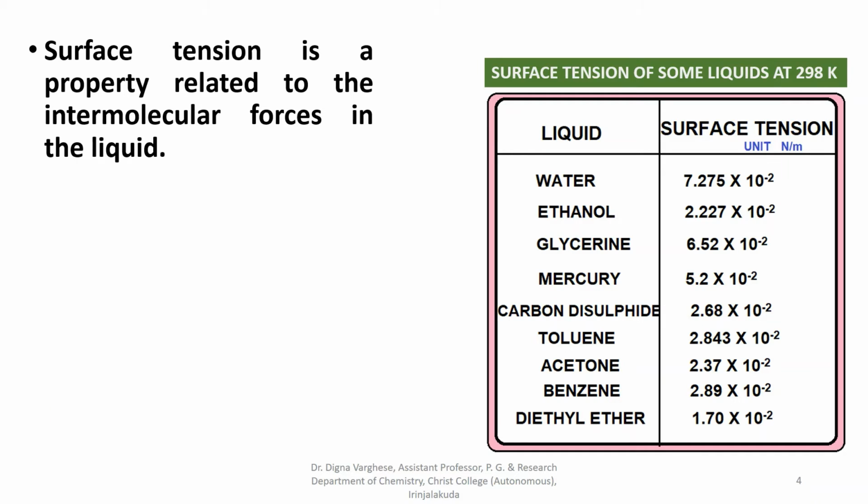In the case of water, the surface tension is more, and second one is for glycerin. In the case of water and glycerin, there is a strong intermolecular force of attraction that we call hydrogen bond. Hydrogen bond is a bond formed between the most electronegative element and the hydrogen atom.